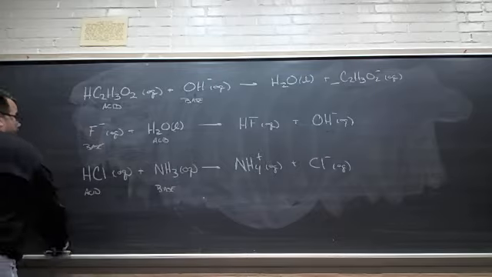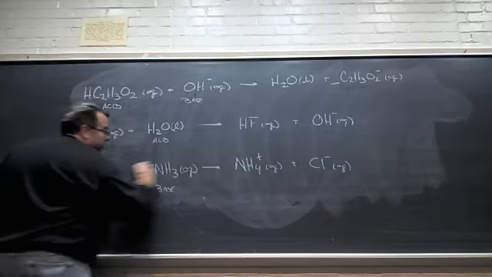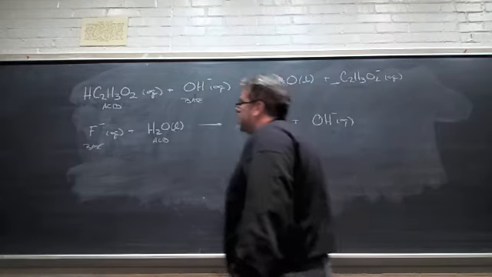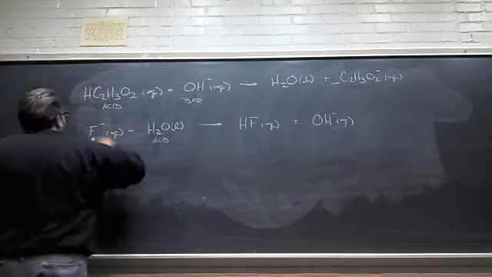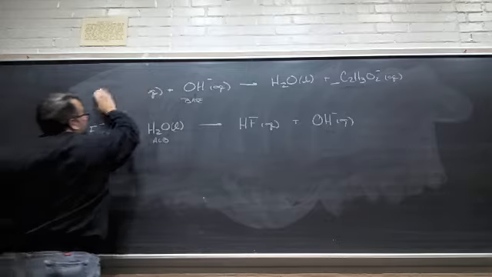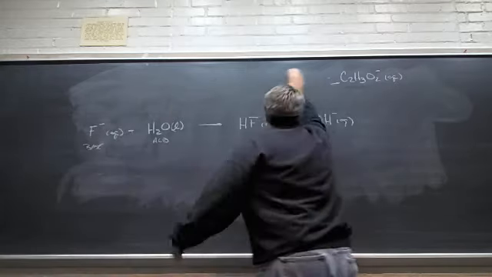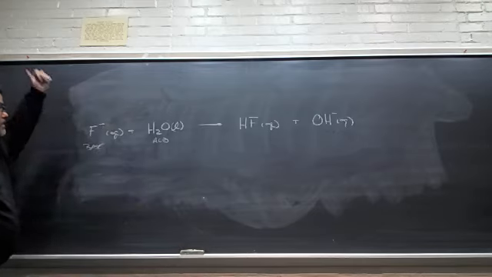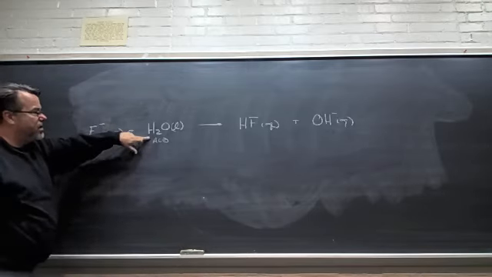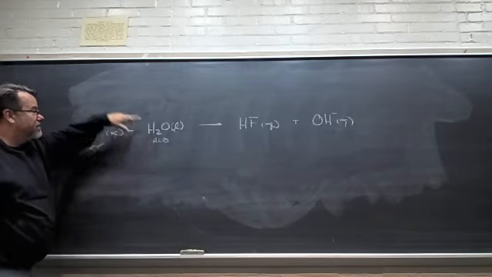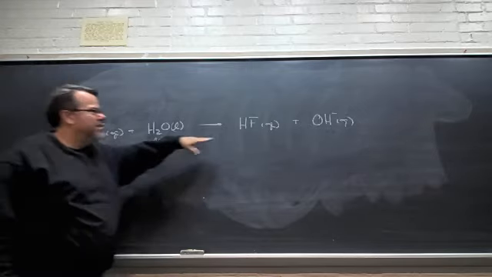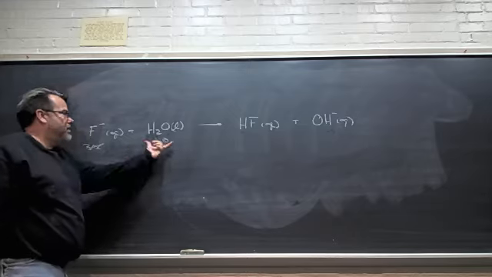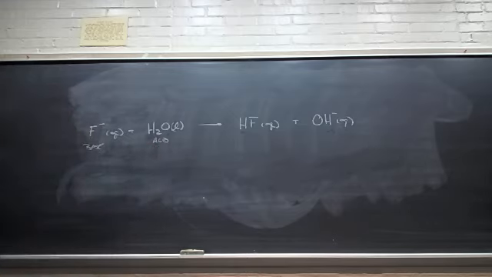All right. Let me make another point here. So in this reaction, the water has transferred a hydrogen ion from the water to the fluoride to give HF and OH minus. Okay. The water is the acid, the fluoride is the base.